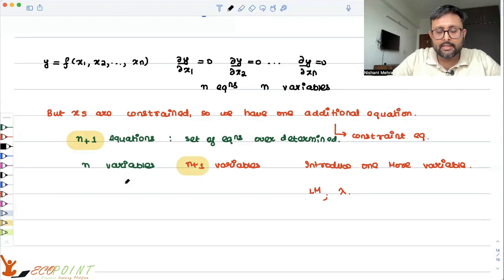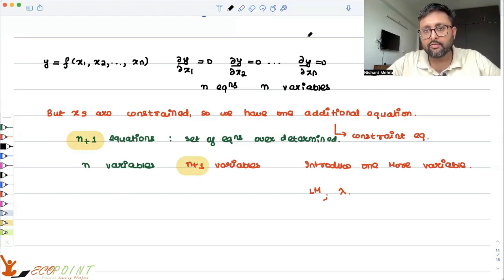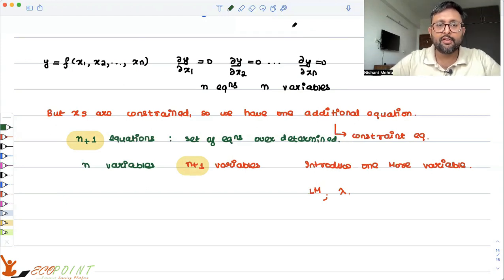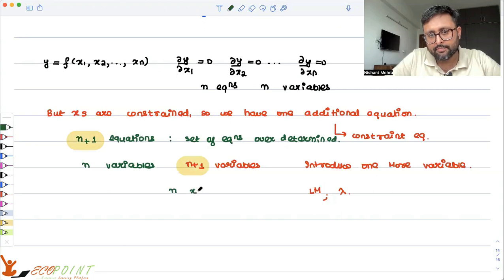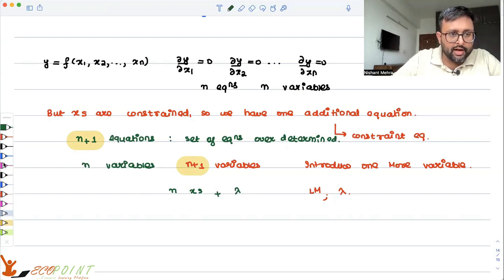So here you have these n equations, and we will introduce one more equation. You have n x variables plus one Lagrange multiplier. So what do you have?